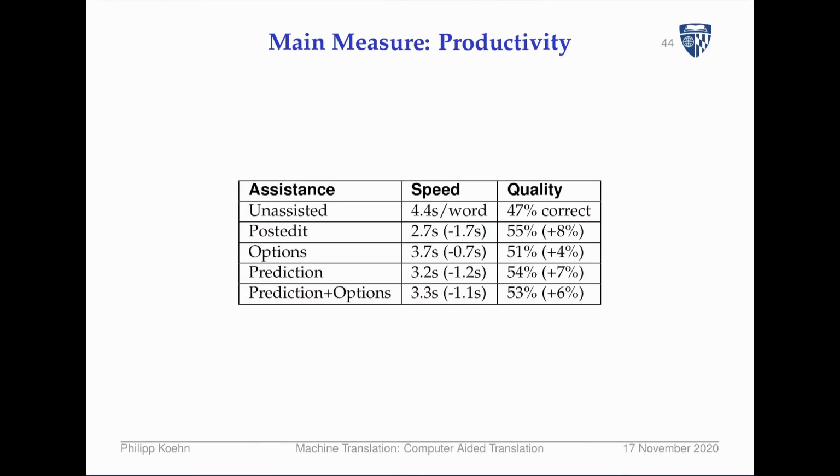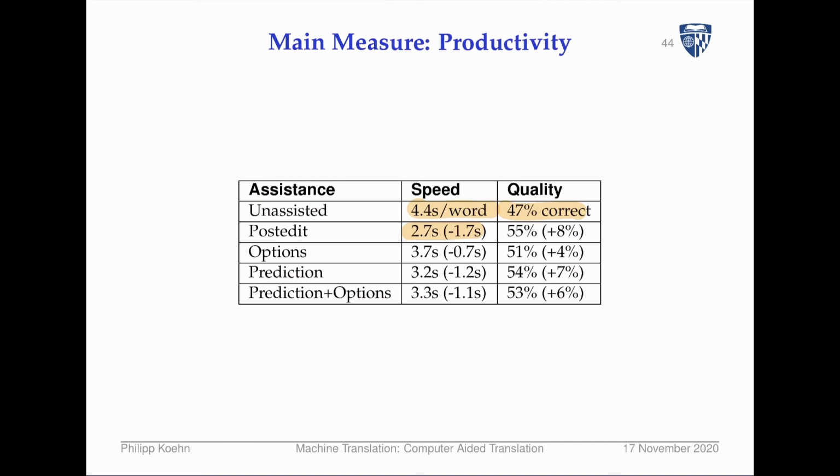Okay, here are the results of the study where different translators were using these different options. This is how fast they were unassisted, 4.4 seconds per word, and a little bit less than half of the sentences were judged as correct. Here, they were the fastest with post-editing.